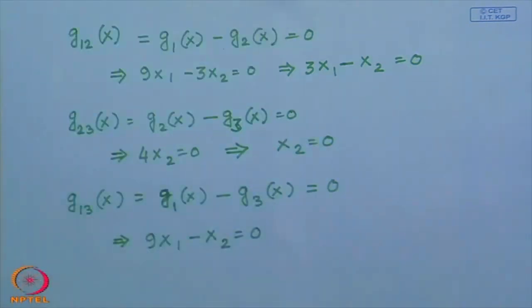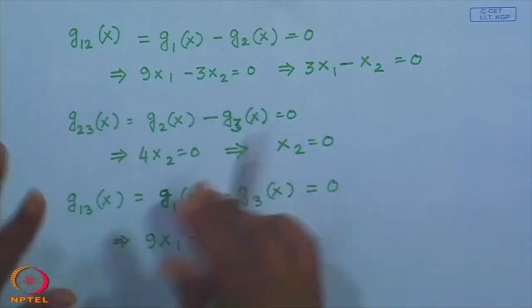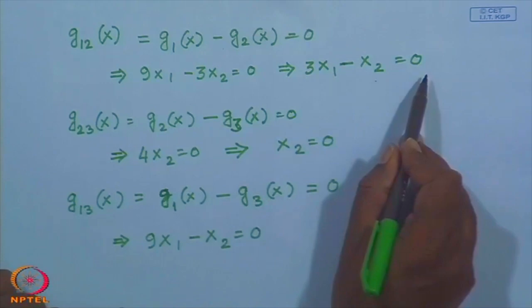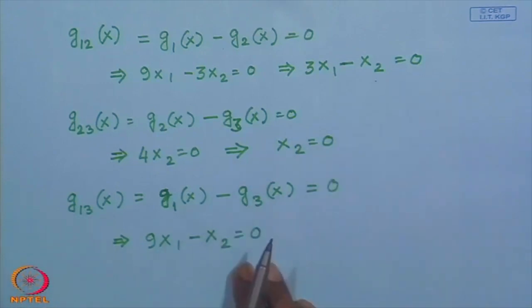So, you find that the decision boundary between omega 1 and omega 2 is given by 3x1 minus x2 equal to 0. The decision boundary between omega 2 and omega 3 is given by x2 equal to 0, which is my x1 axis.